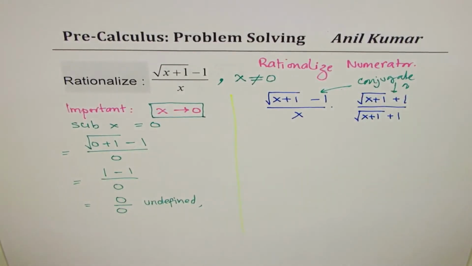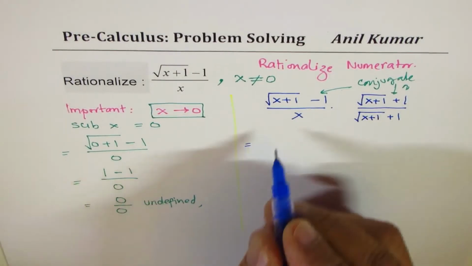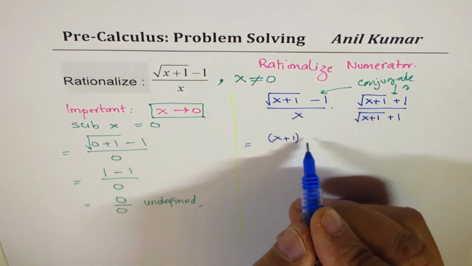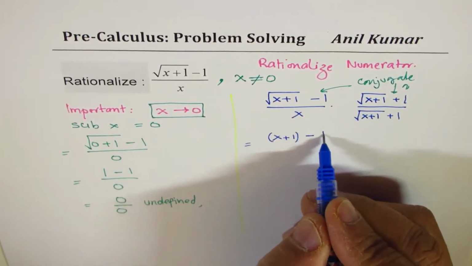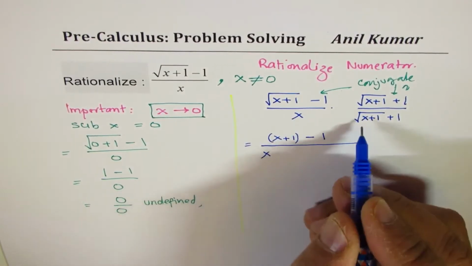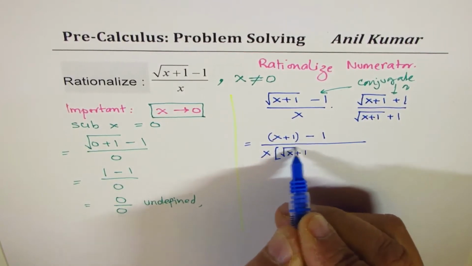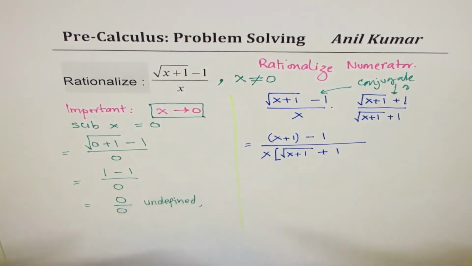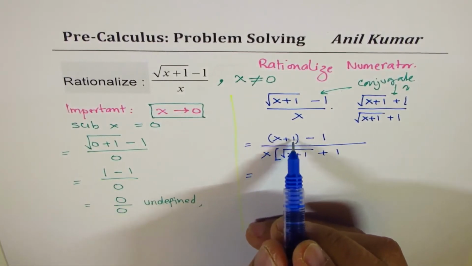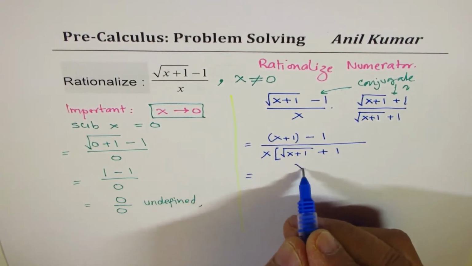So when you multiply the conjugates, you get a squared minus b squared. That is to say, you get x plus 1, square of this, minus 1 squared, which is 1. And in the denominator, you get x times all this. Let me write that in brackets, plus 1. Now, the numerator x plus 1 minus 1 gives you what? It gives you just x, right?